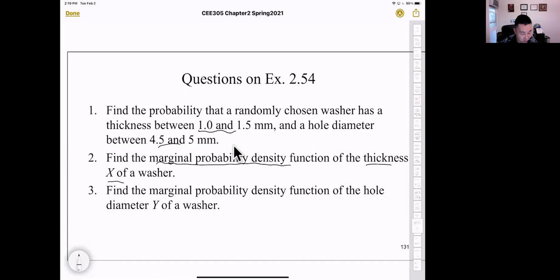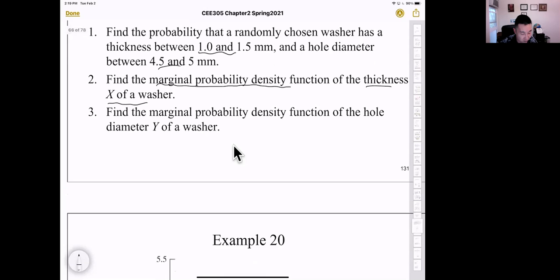Okay, so for the marginal function f_X(x), we should do the integration of this density function.